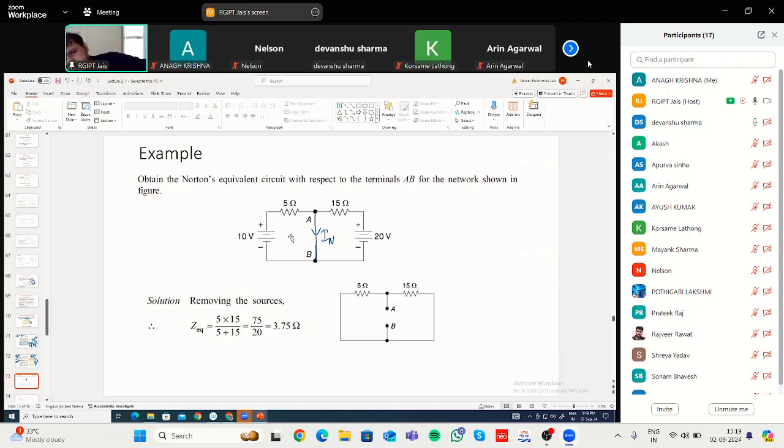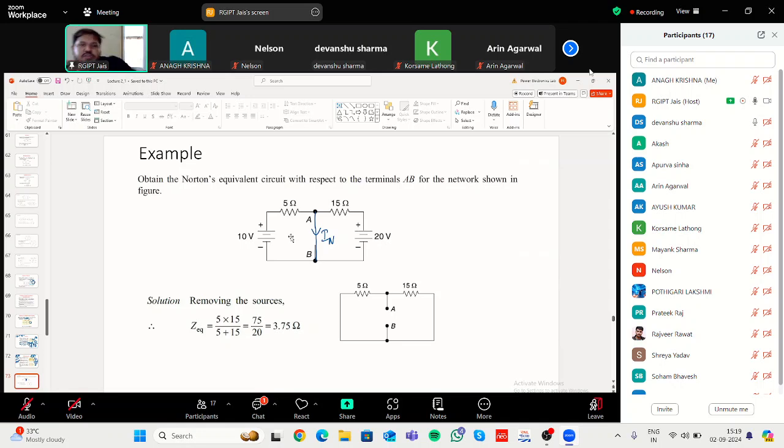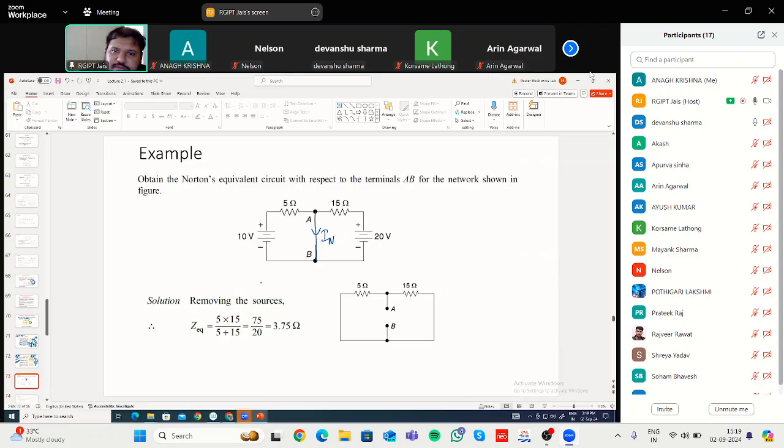You can use mesh. You can use nodal analysis. Try to find out what the value of IN is. Okay, 10 by 3. Others, try to solve this IN.